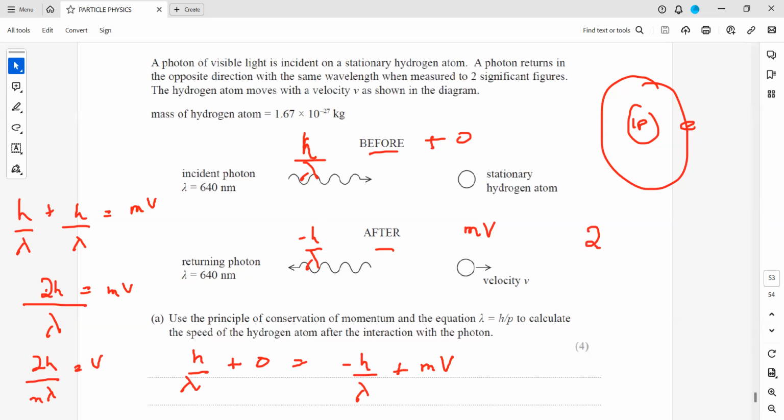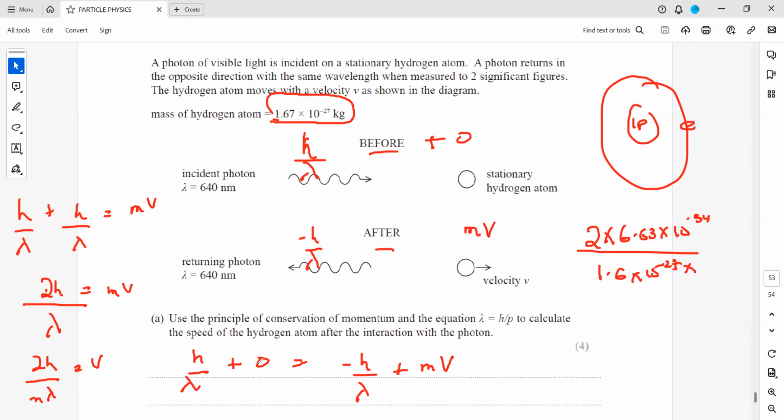So 2 multiplied by Planck's constant, which is 6.63 times 10 to the power minus 34, divided by m. What will the mass be? This is a stationary hydrogen atom and a photon opposite. The mass of the hydrogen atom is given, which is 1.6 times 10 to the power minus 27.